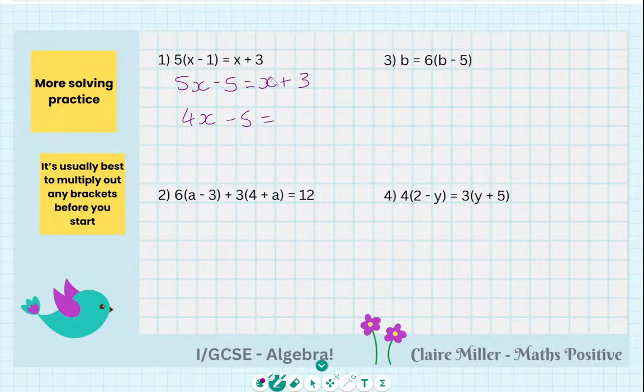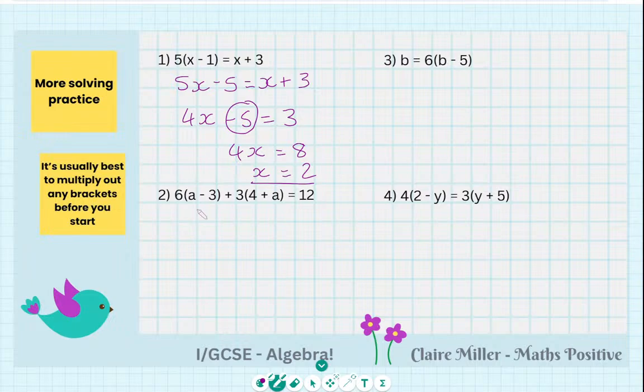And on this side, x take away x is 0. So I'm just going to be left with the 3. Now, hopefully, it's looking more familiar. So we're going to do the opposite of taking away 5 to both sides. We're going to add 5 to each side. That gives us 4x equals 3 add 5, which is 8. And then I'm going to divide both sides by 4. So we've got x equals 2.